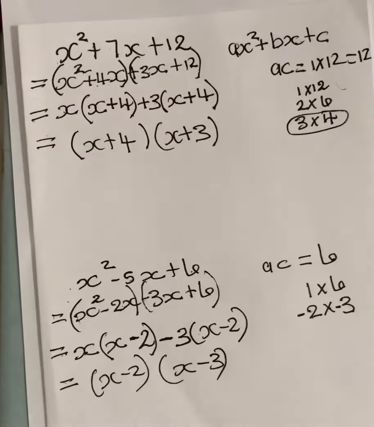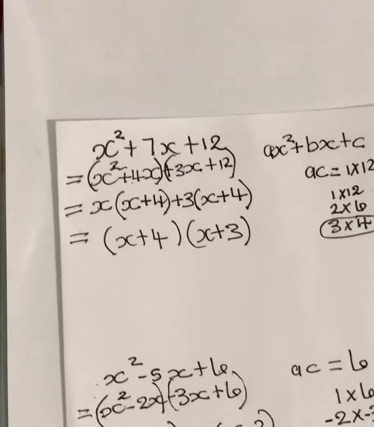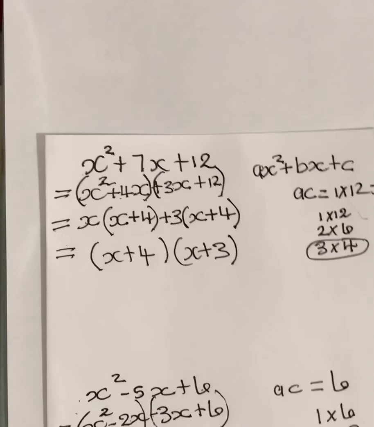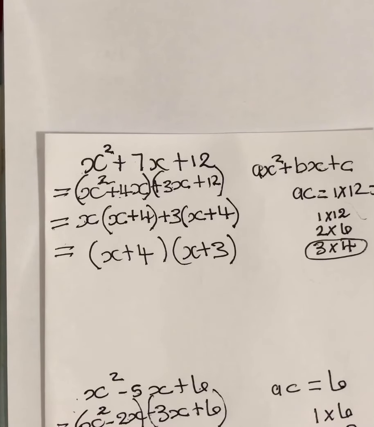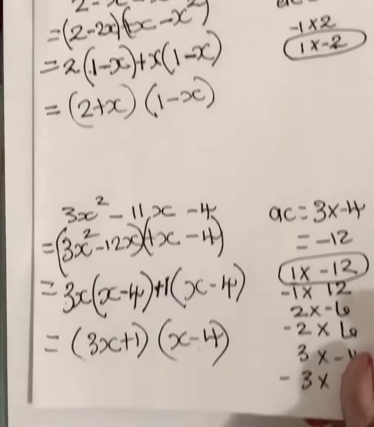Now, this has been a lot. Yeah, I must confess. Students, you may not get it at your first try, but you will have to be determined to practice, practice, practice. I've done 4.